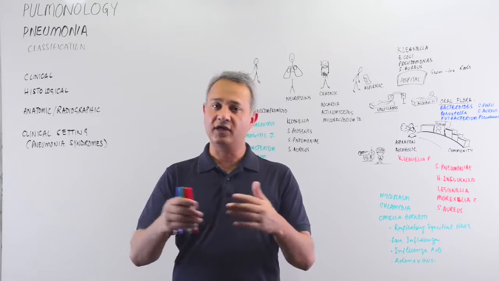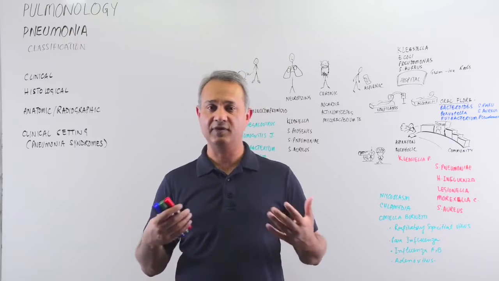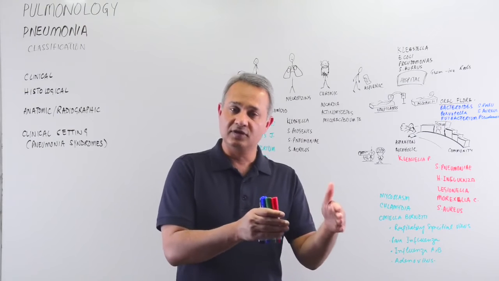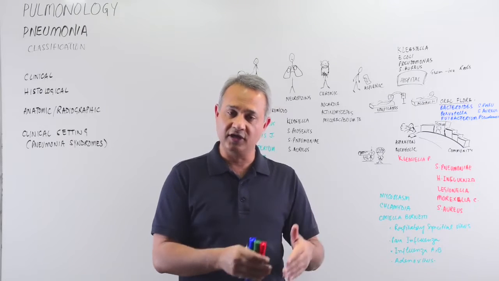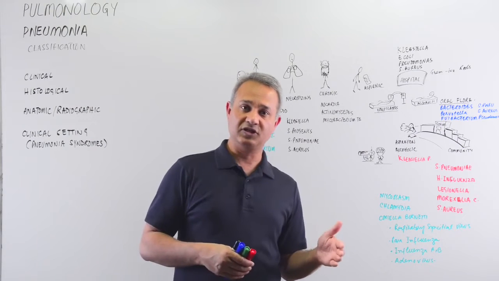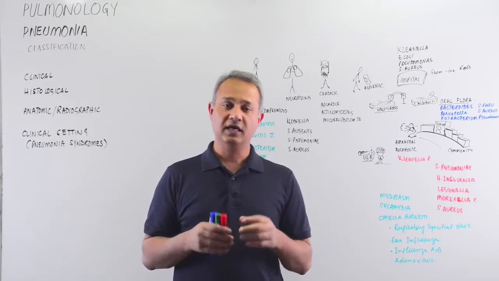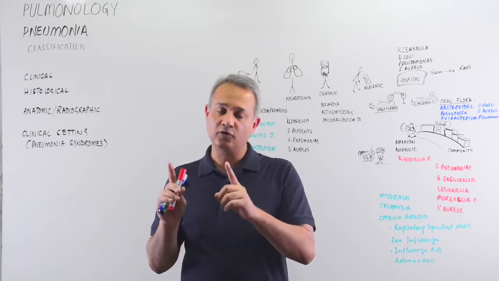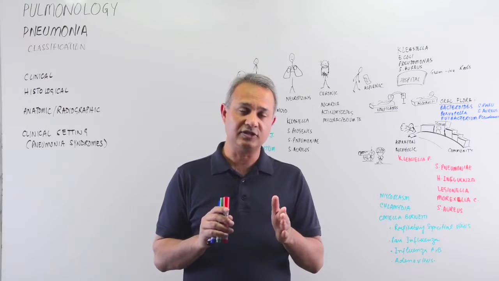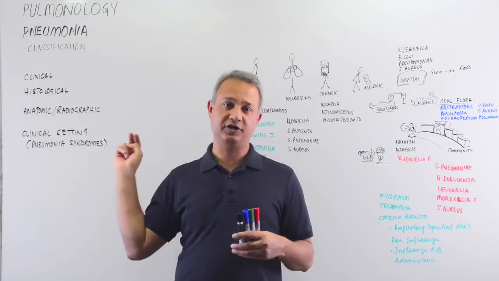Did the patient move around in the community? For example, did he go to school or office and came back and became sick? Or was the patient admitted in a hospital and became sick over there or got pneumonia over there? Does the patient work in the military and got pneumonia there? Or is the patient an alcoholic or immune compromised, and so on? These settings give you clues for the type of pathogen faster than trying to understand the other classifications.